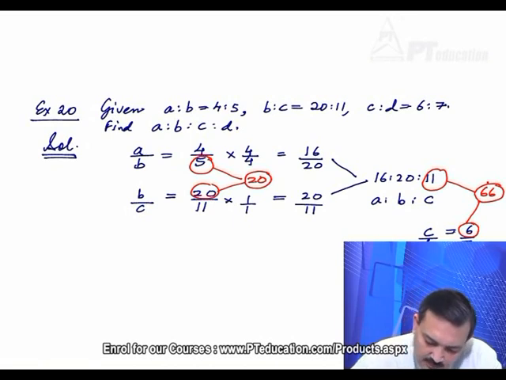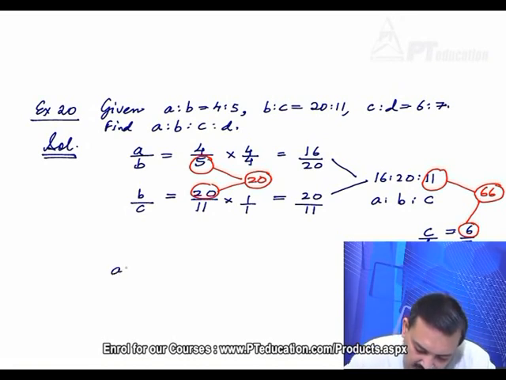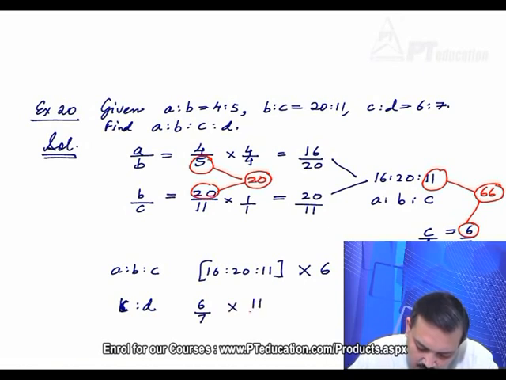So that can be obtained by multiplying the first ratio, which is ABC, 16 is to 20 is to 11, throughout by 6. And the second was C is to D, which was 6 by 7. We'll have to multiply it throughout by 11.